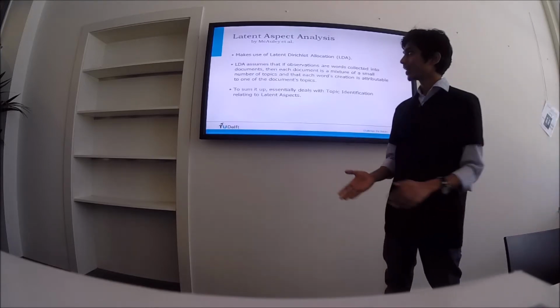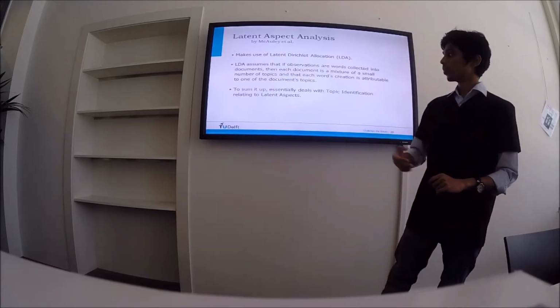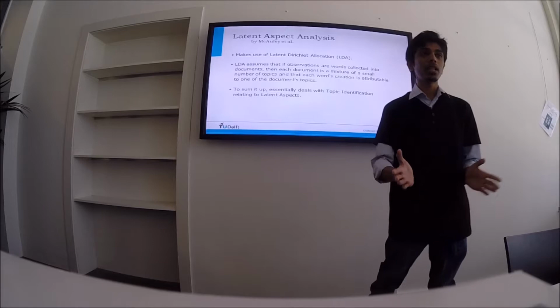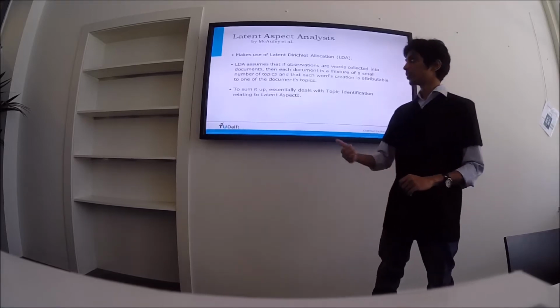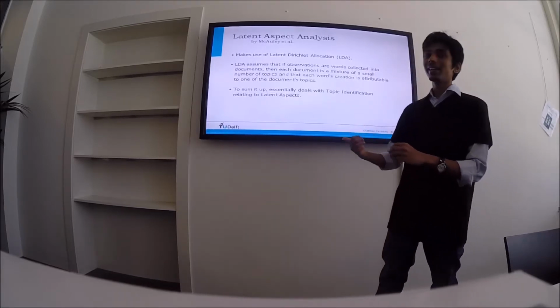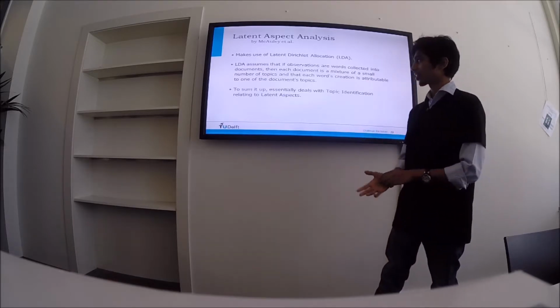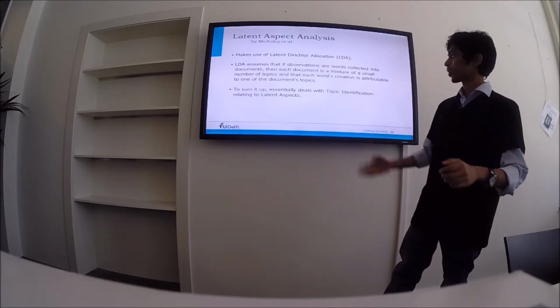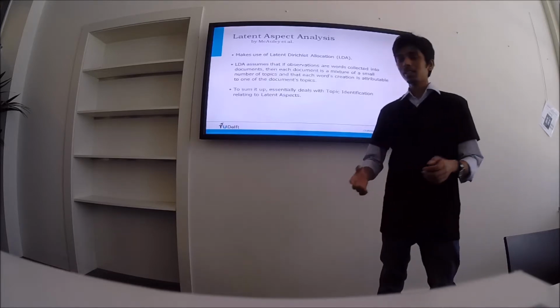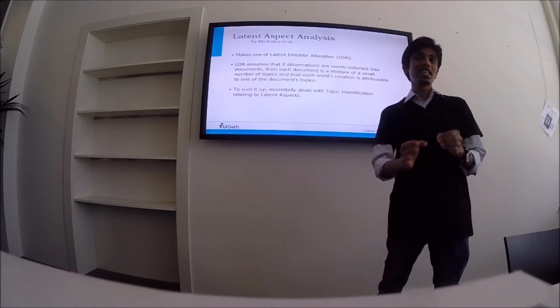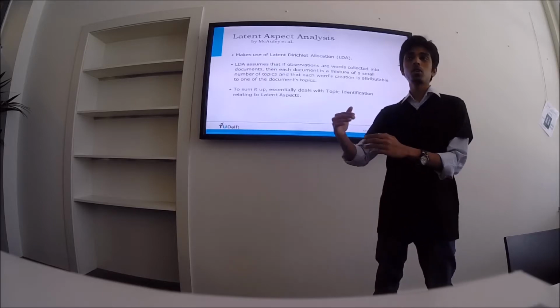Next is the latent aspect analysis. So this is essentially a topic identification model which makes use of the LDA, latent Dirichlet allocation. The latent Dirichlet allocation, well, I just quoted right out from Wikipedia. So yeah, it just assumes that each sentence actually has a particular topic.